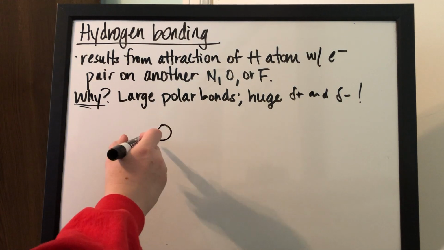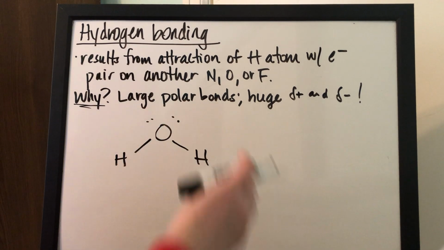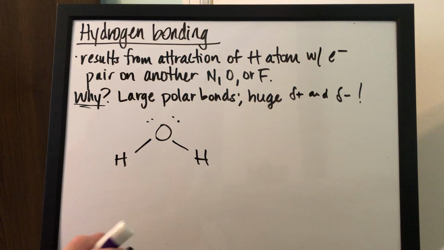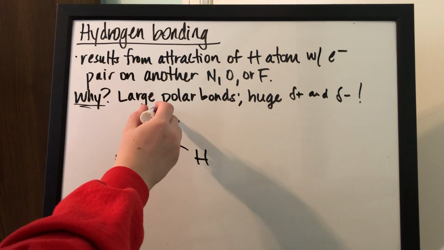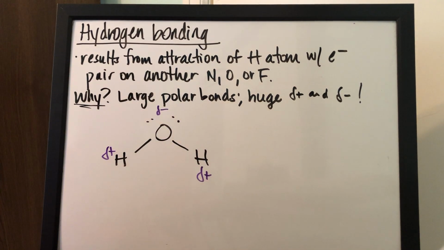So here's my Lewis structure, of course, bent. And here's my partial charges. So we've already discussed that water has dipole-dipole forces, okay, partial charge attraction, but water's capable of hydrogen bonding.